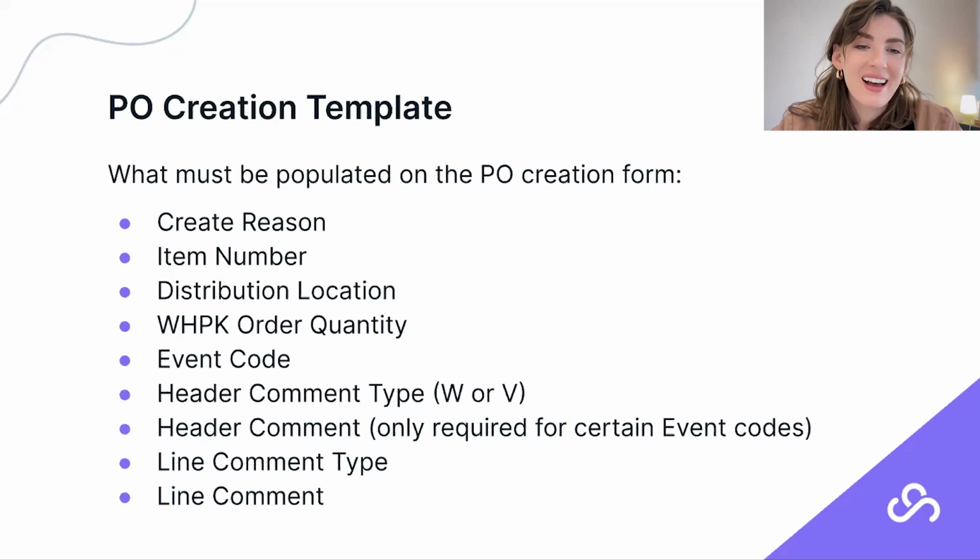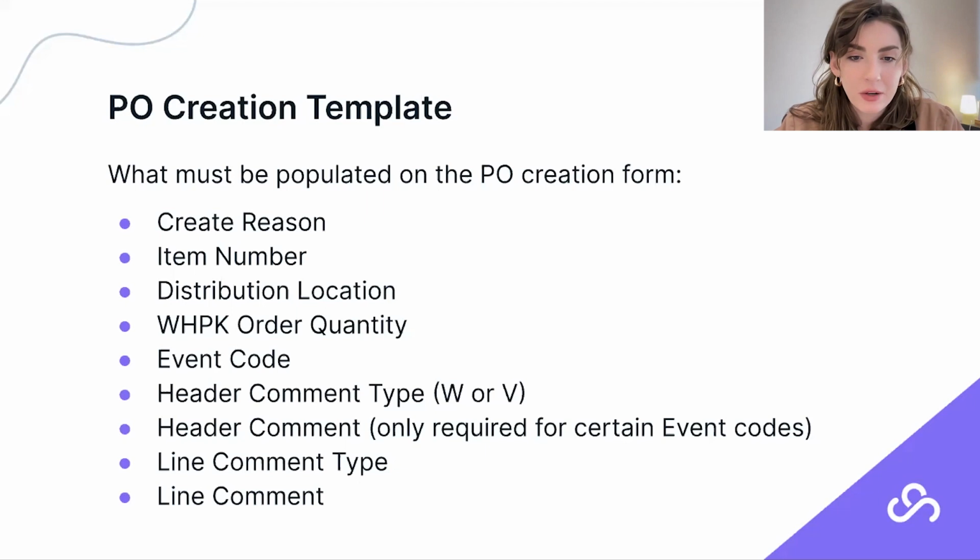Moving on, your event code. If you should have an event code, we'll go through some of those later. That's going to be required. Each one has its own reason, so you can look through that and see which one makes sense for your create reason. The header comment type, W or V header comment, this is only going to be required for certain event codes.